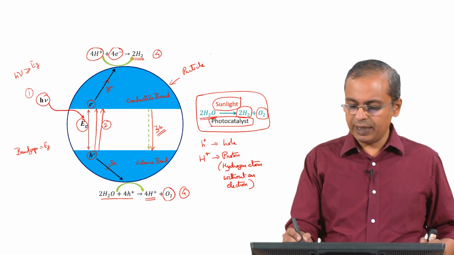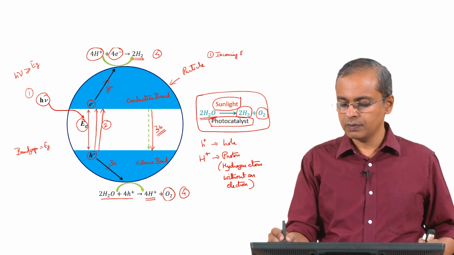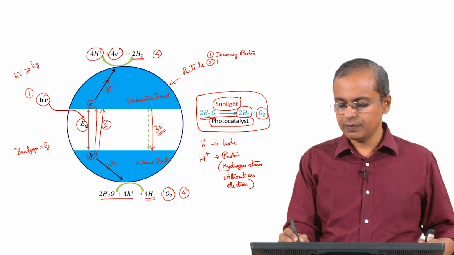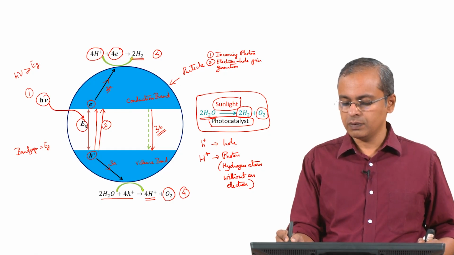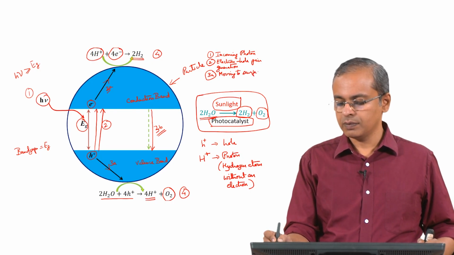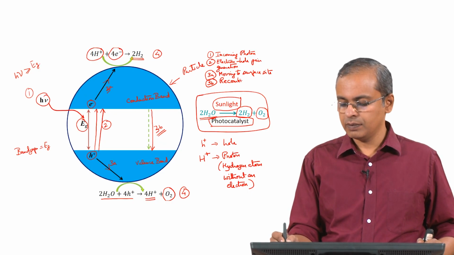So if you want to put it down, we have 1, incoming photon; 2, electron hole pair generation; 3A, moving to surface site; 3B, recombination; and 4, surface reaction.